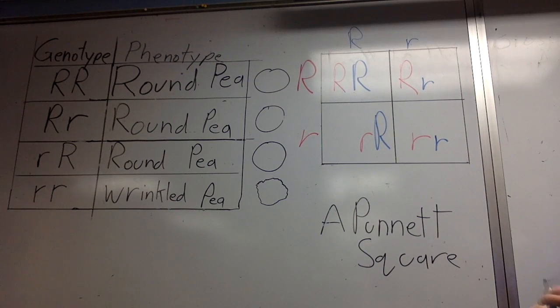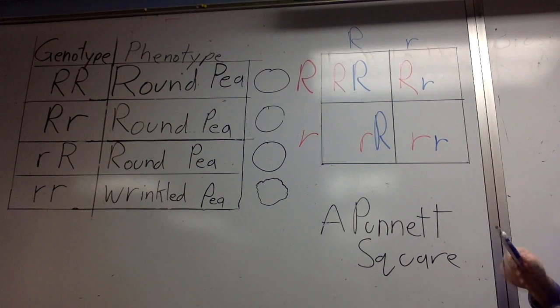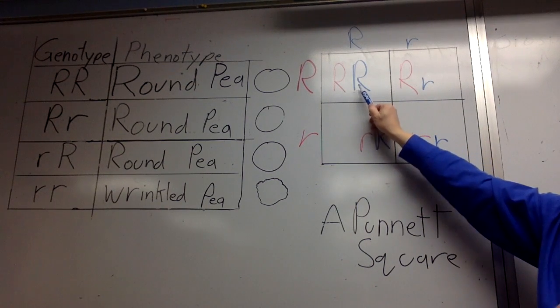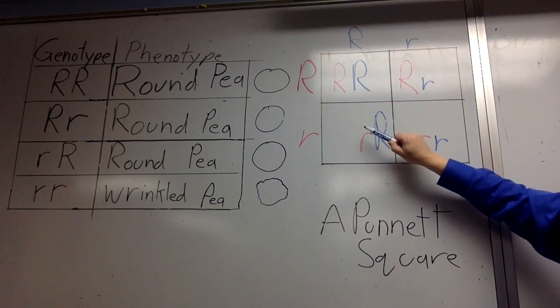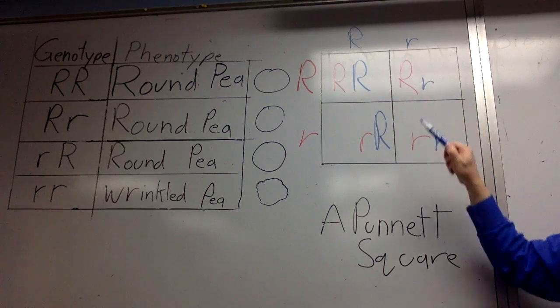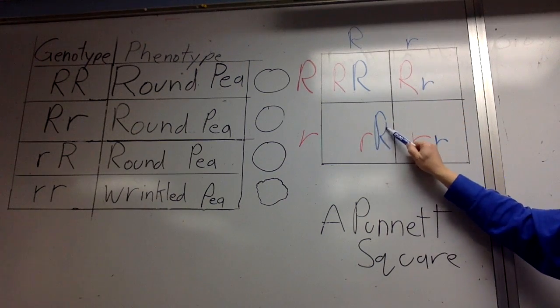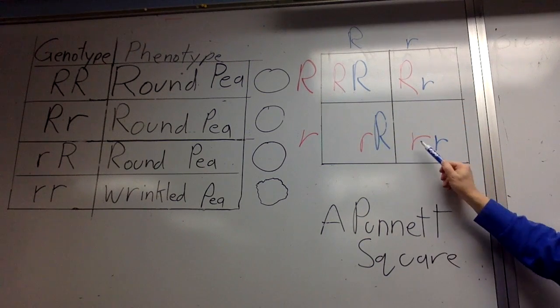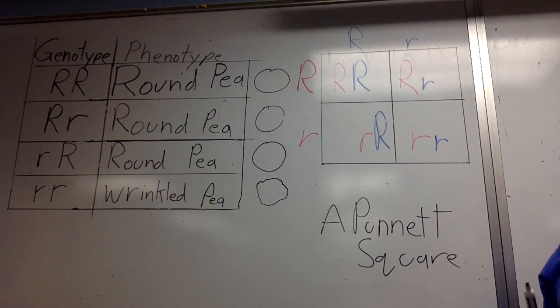you will see that out of the 100% or 4/4, 1/4 of them are homozygous dominant, 2 dominant genes. 1/2, 2 of the 4, are heterozygous. They have 1 dominant gene and 1 recessive gene. And 1/4 of the time, 2 recessive genes.